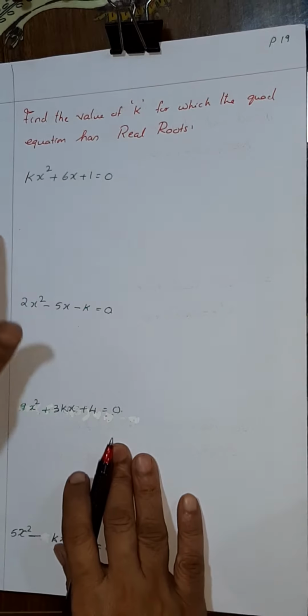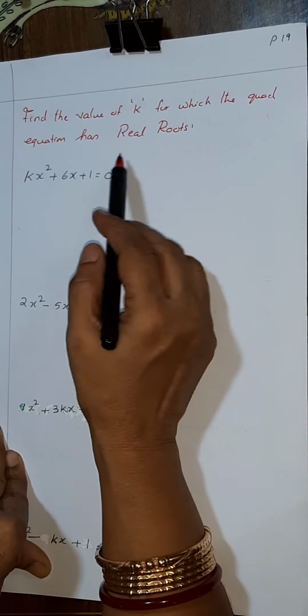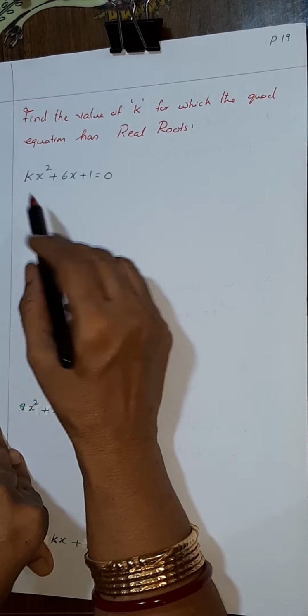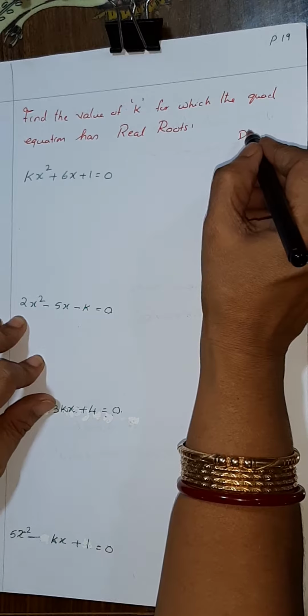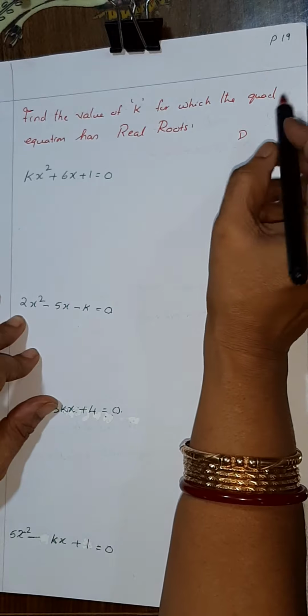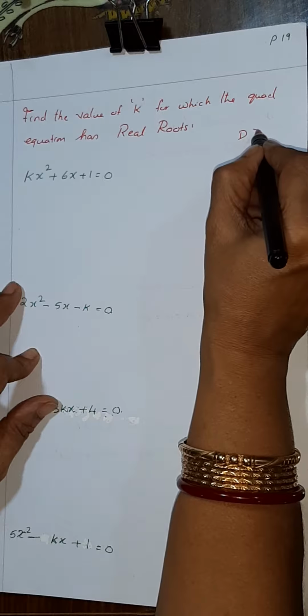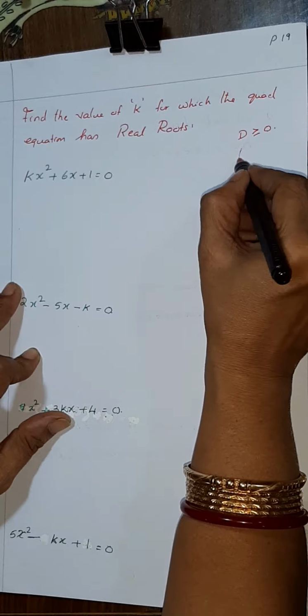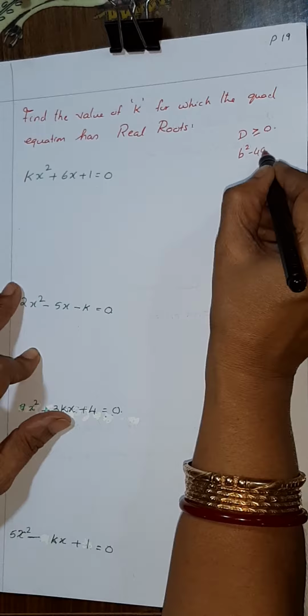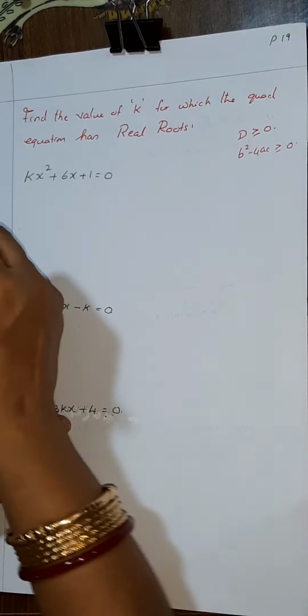Find the value of k for which the quadratic equation has real roots. So for real roots, that means it is either distinct or equal. So now we have to find d greater than or equal to 0. So b squared minus 4ac is greater than or equal to 0.